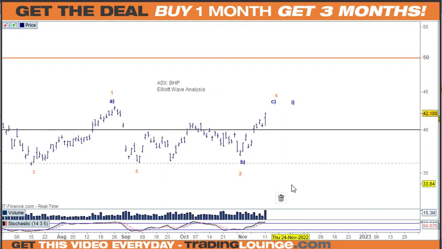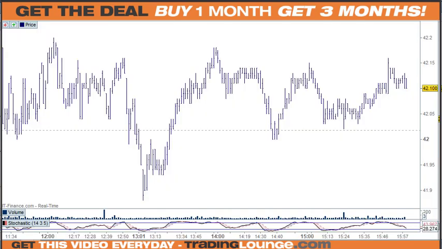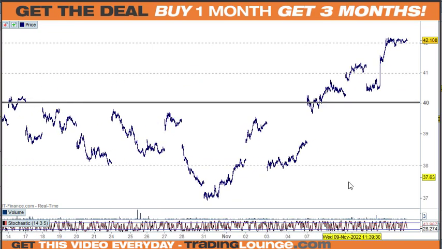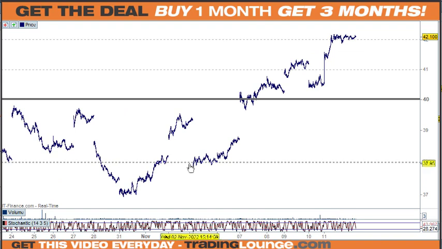So we can see here that we've got 1 and 2 here, and probably 1, 2, 3, 4, 5. Let me just have a little look in here as well on 20 ticks and just bring in a bit more data here. So we're looking just at this here. So definitely 1 and 2 here.